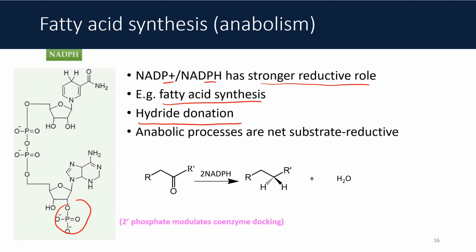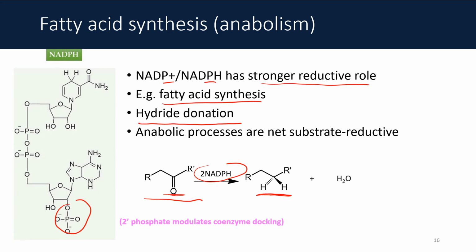If you see here in this excerpt of fatty acid synthesis, we start with an oxidized precursor compound, one with a carbonyl group in it, and then adding in two equivalents of NADPH converts this oxidized low energy group into a higher energy reduced methylene unit.